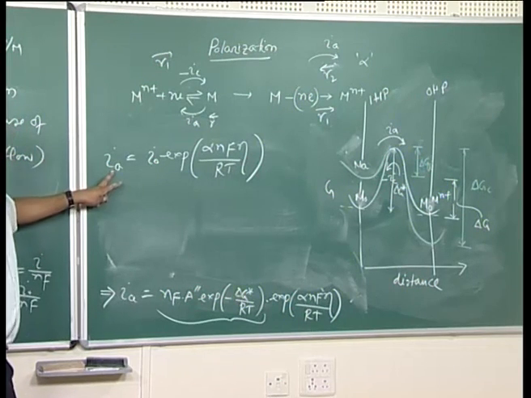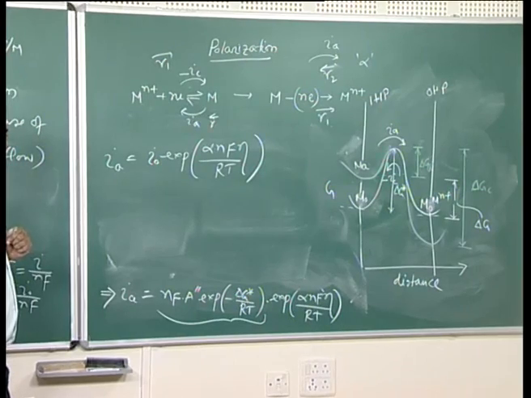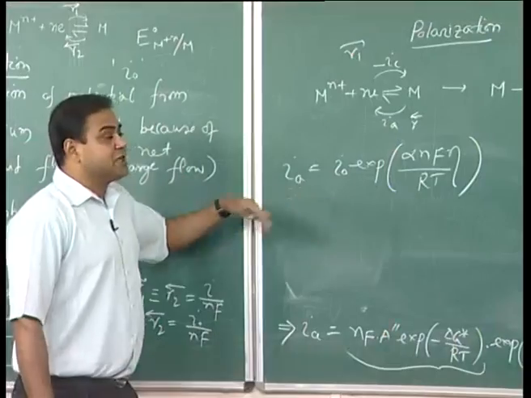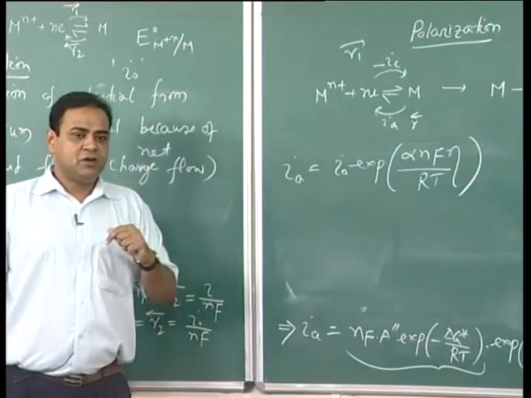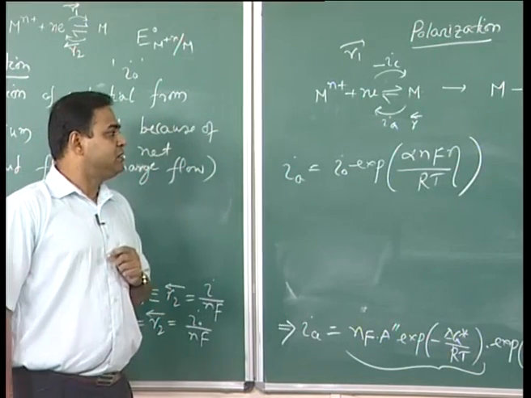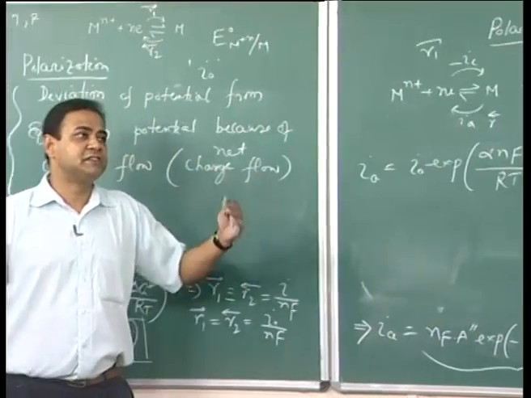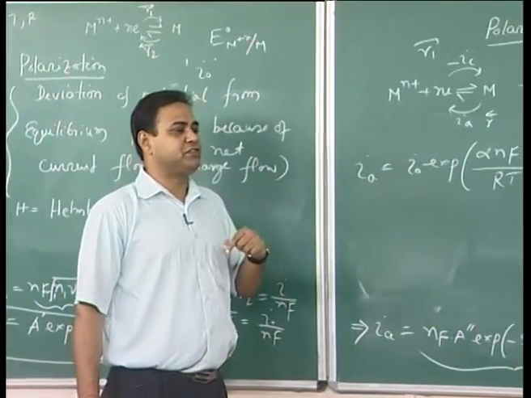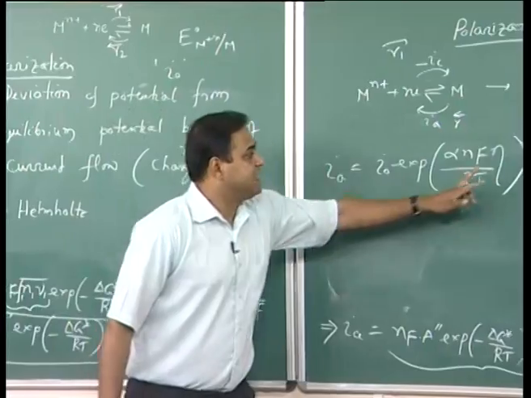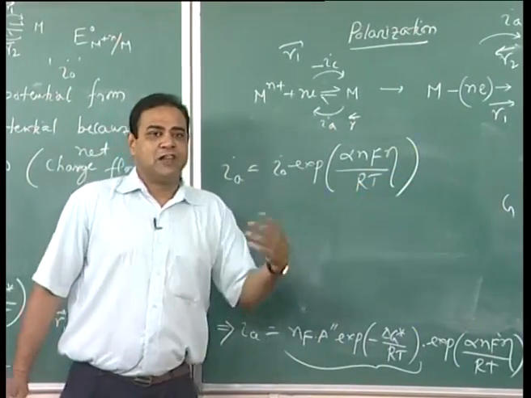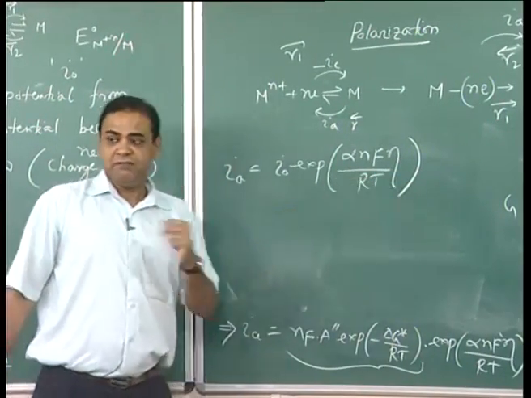So, that is my I A, that current density for the anodic process, and that leads to polarization or the shifting of potential. We have already seen that the shifting of potential for the anodic polarization is positive, and this term is coming positive.